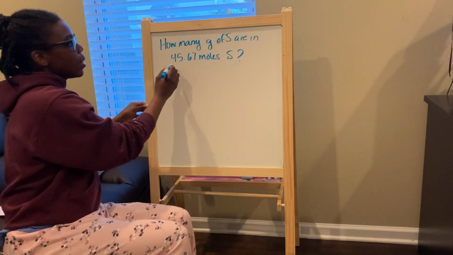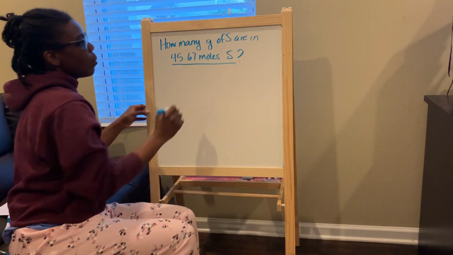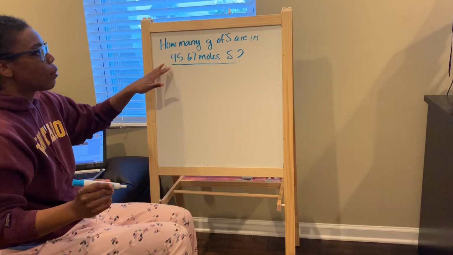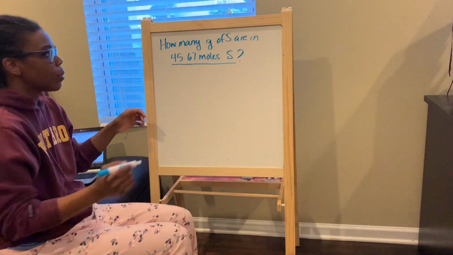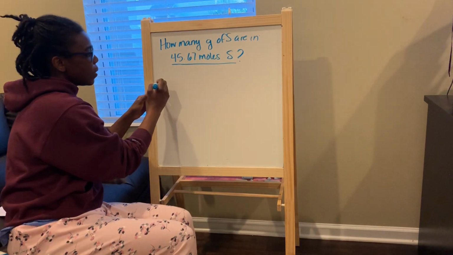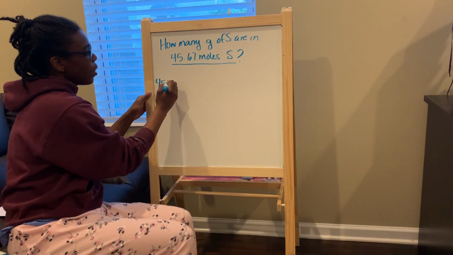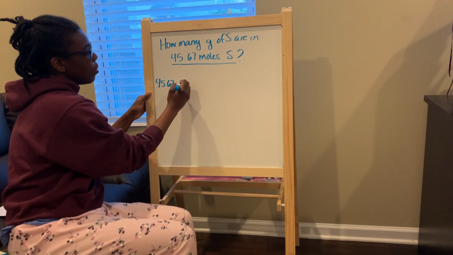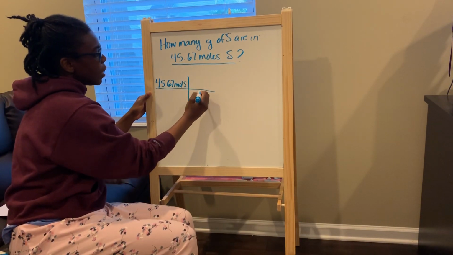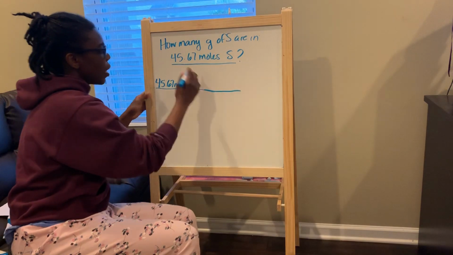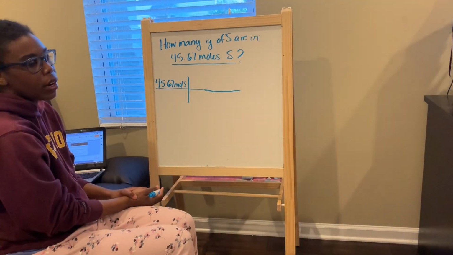Our given is the thing that has both a number and a unit. 45.67 moles of sulfur has both a number and a unit, so that's what we're starting with. I'm going to put that to the left over here, 45.67 moles of sulfur. And then I'm going to make my T-chart. I know that I'm only going to be doing one number process, so I should only need one T-chart.